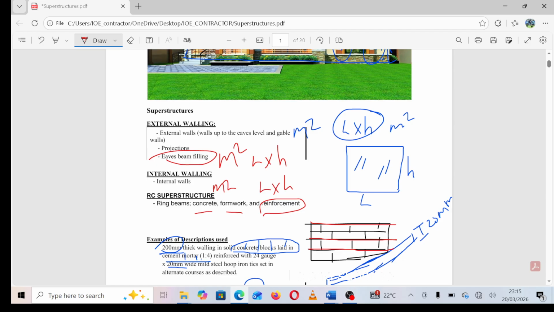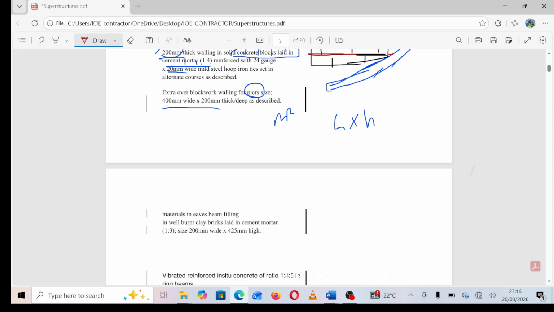So for concrete, it's taken in cubic meters, where we take length times width times height. Then the formwork is taken in square meters, where we consider the length times the width, as we are going to see in the description, then also reinforcements in kgs, as we shall see in the descriptions later on.